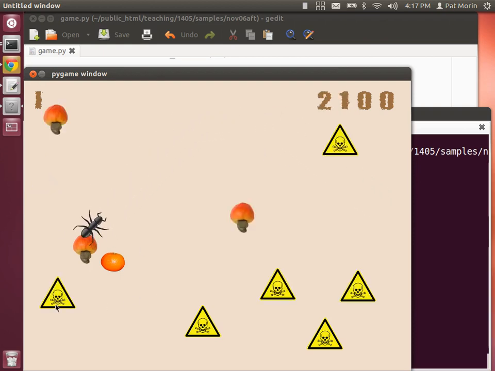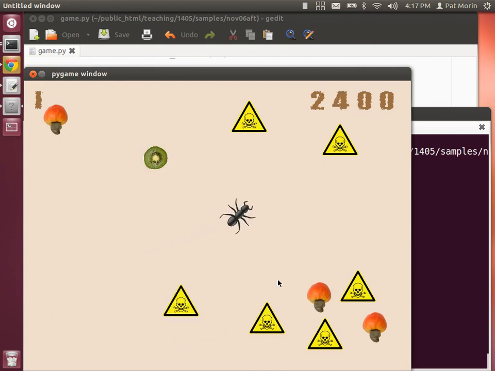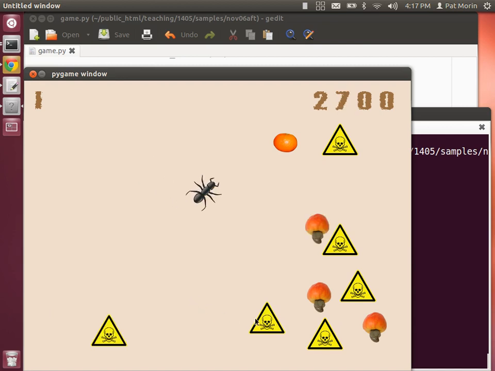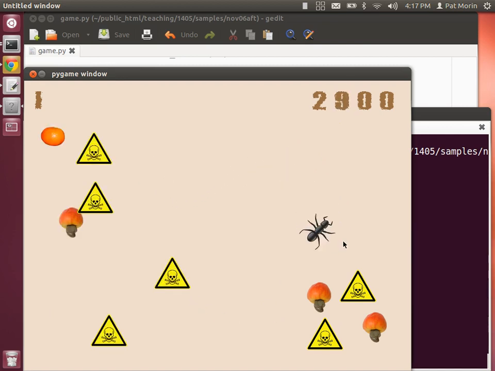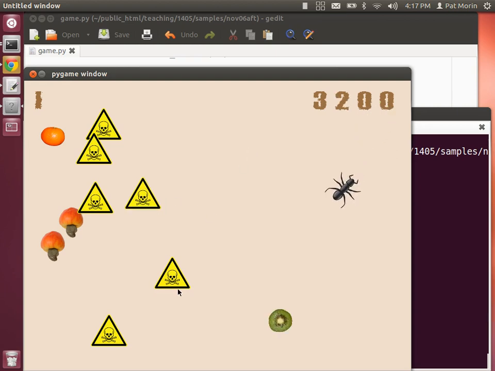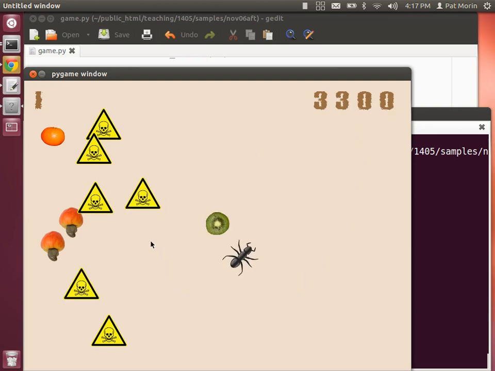As well, if you play this for a little while, every time the score increases by a multiple of 1,000, the ant speeds up. And every time the score increases by a multiple of 5,000, more poison starts appearing.